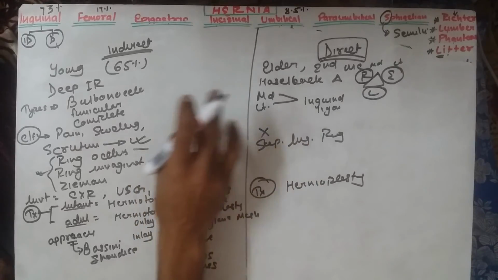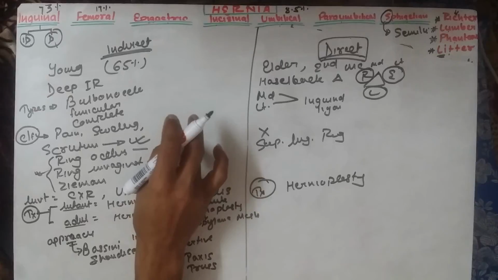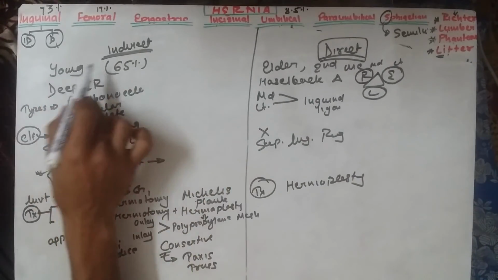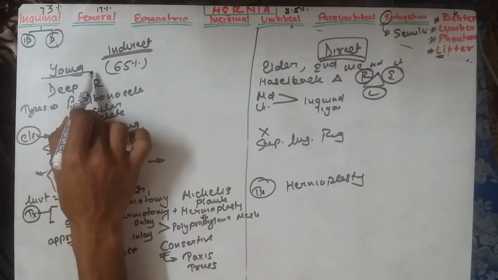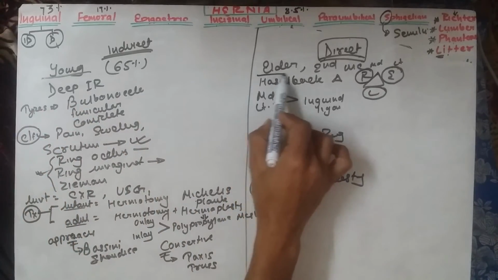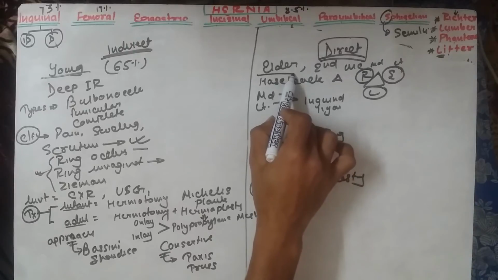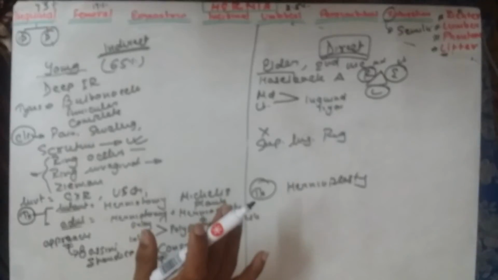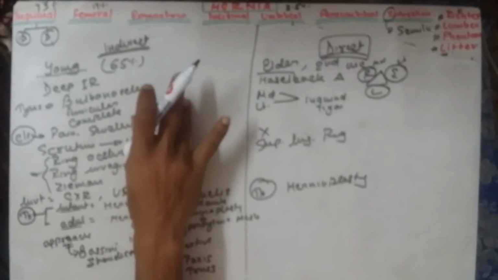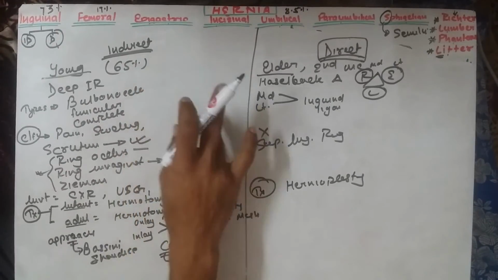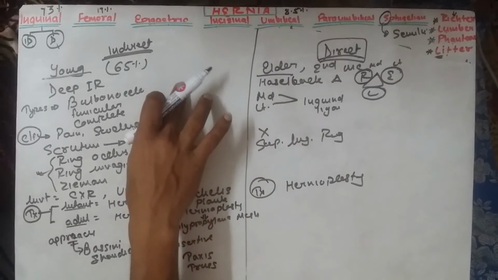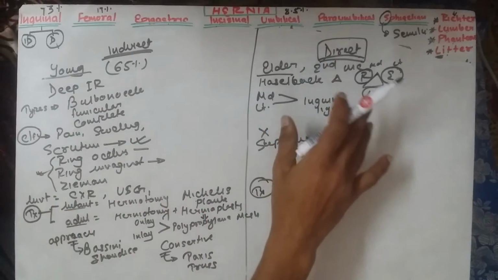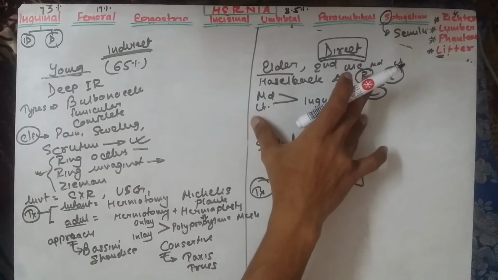So once again I will repeat the difference between both of these. Look, first of all, the indirect is present in young patient, whereas this is in elder patient. Then usually indirect type of hernia occurs with a pre-existing sac, means the sac can be present from earlier, whereas the direct type is always present as an acquired defect.